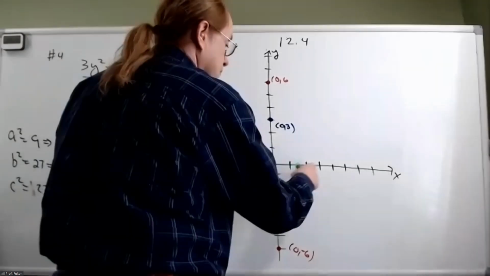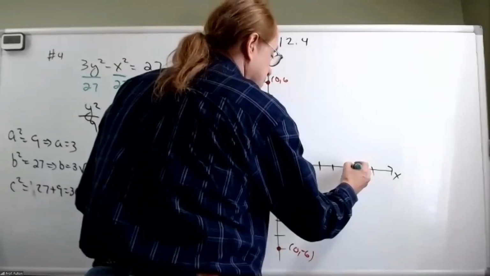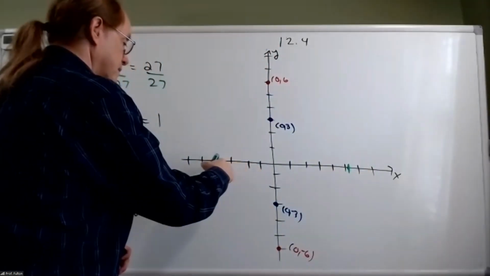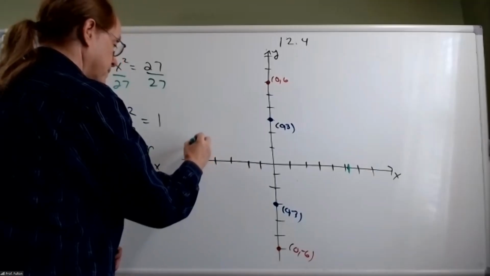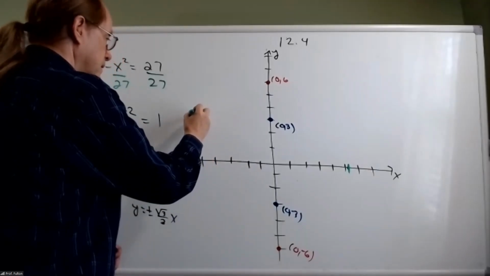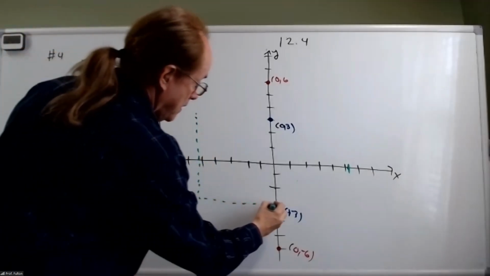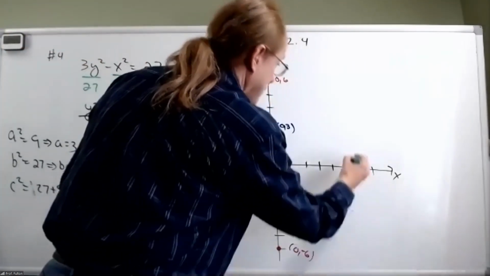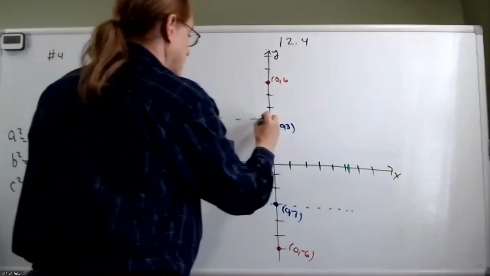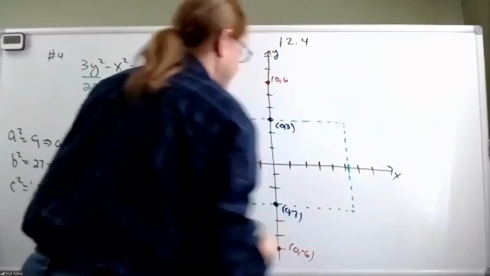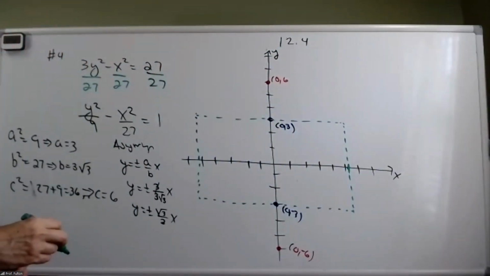So 1, 2, 3, 4, 5.2. Okay, so that's what it looks like.